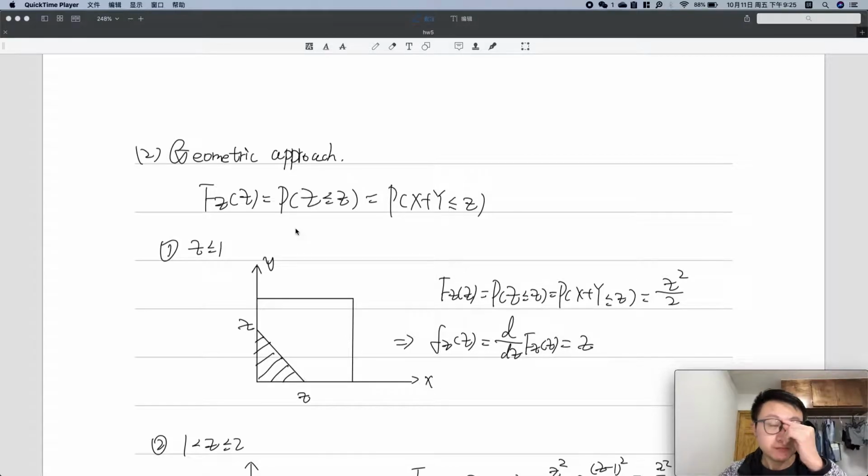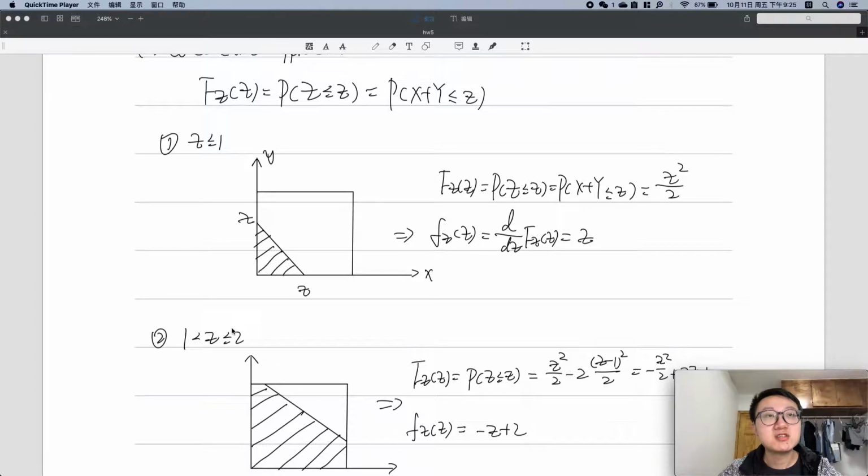So when z is smaller than 1, we can draw the function of Z, X, and Y like this. In this situation, we can get the distribution function of Z from the definition of Z like this.